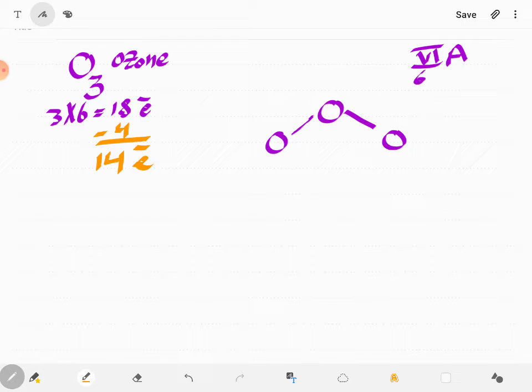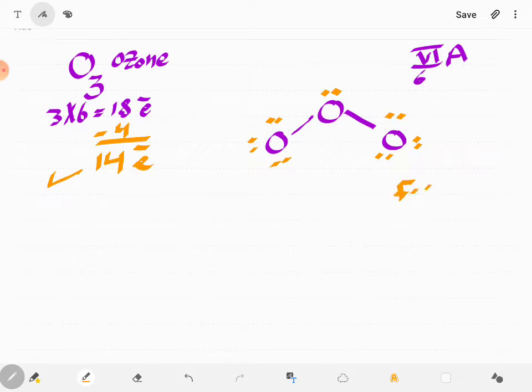Those 14 electrons, what will I do? I have to start from outside. 1, 2, 3, 4, 5, 6. 1, 2, 3, 4, 5, 6. I consumed 6 and 6, so 12. So the remaining 2, I'll put inside. So now I have consumed all the valence electrons. But is this stable? Let's see.